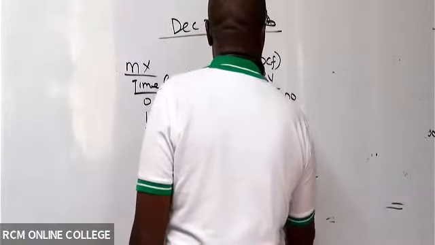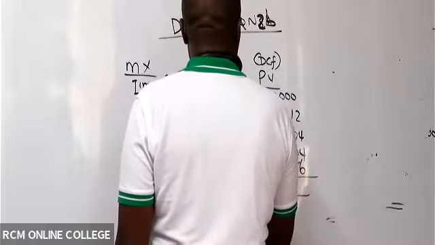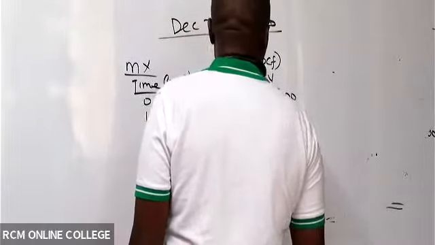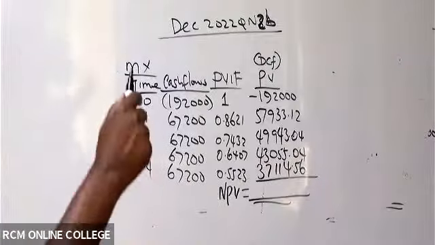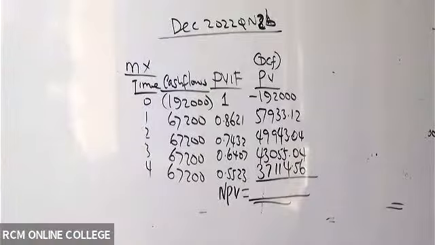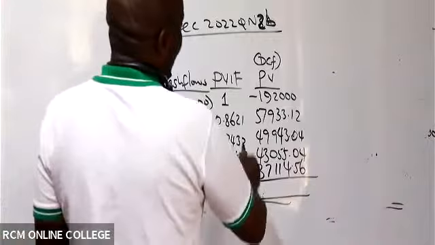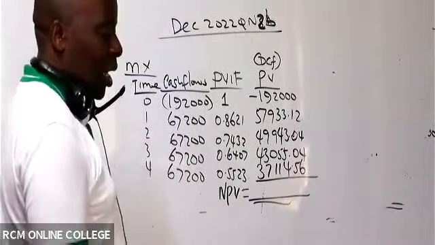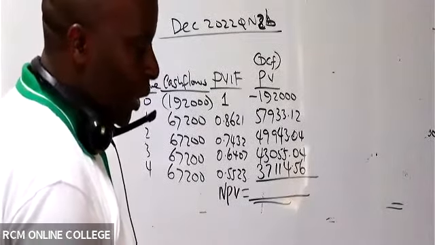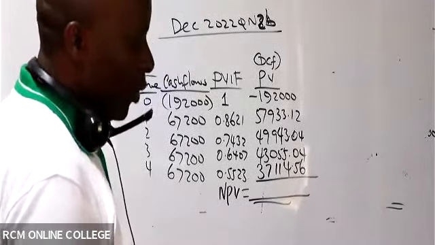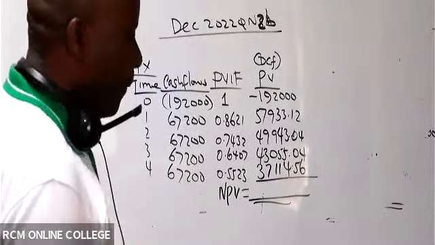So come and give us the total, the net present value. Now you can add all the discounted cash flows. Remember, these are discounted cash flows. So according to one student, she's getting 37,114. No, that's for year number 4.